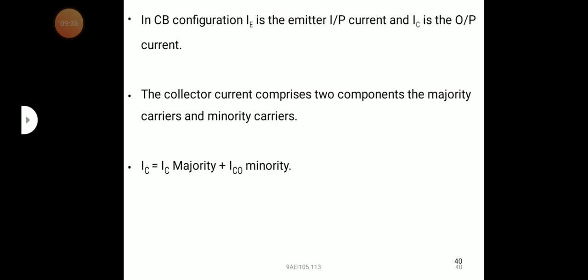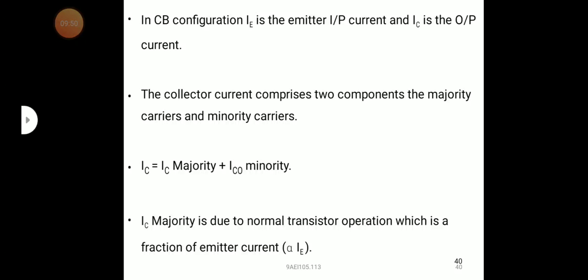IC majority is because of the majority charge carriers. ICO is the minority charge carriers when it is in reverse bias. So IC majority plus ICO minority.